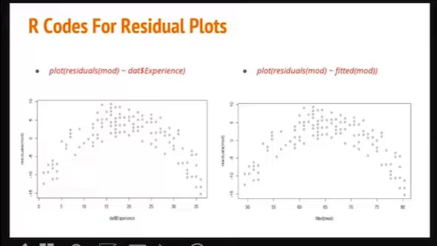You remember, we use residual plots to investigate assumptions of linearity and constant variance. And this is so glaring. There's a violation of the linearity assumption here, because the residual plot is actually showing a pattern.